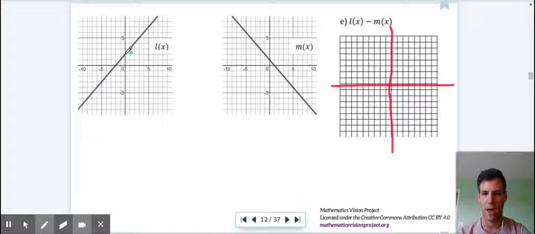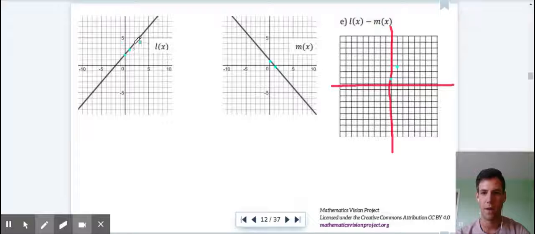So for x equals 0, we have a 2 and a 1, so 2 minus 1 is 1. We go over to the right one to x equals 1, we have 3 and 0. So we have 3 minus 0 is equal to 3.